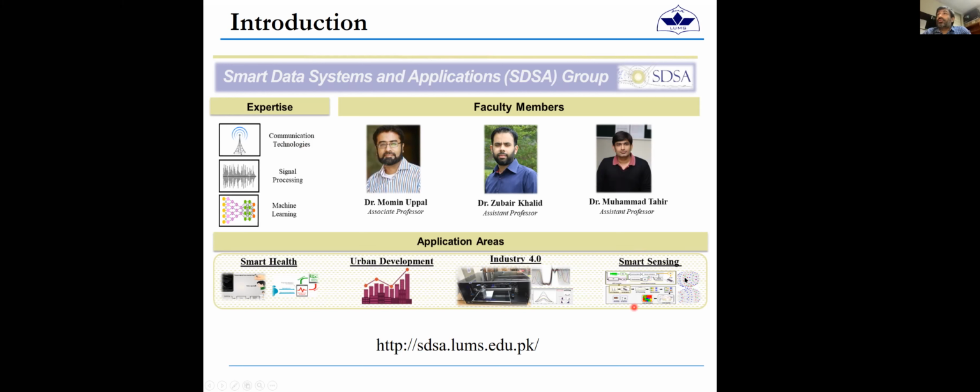Today we will be seeing an application of smart sensing. It is also known in the computer science community as mobile computing. These two are interchangeable names. You can visit our website here for more details about our projects and the work that we are currently doing.